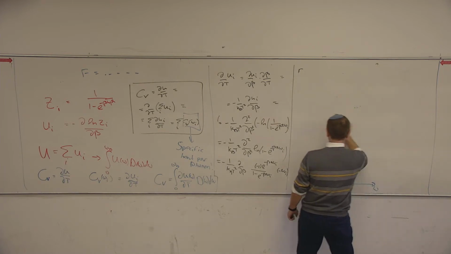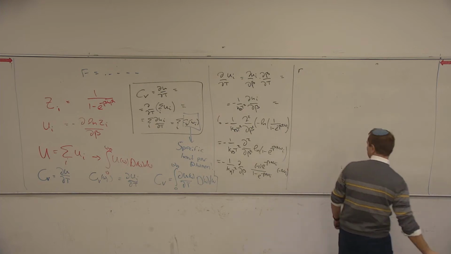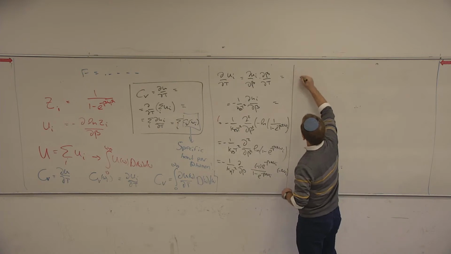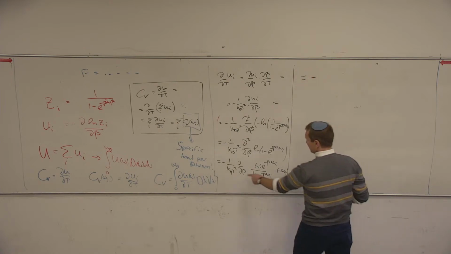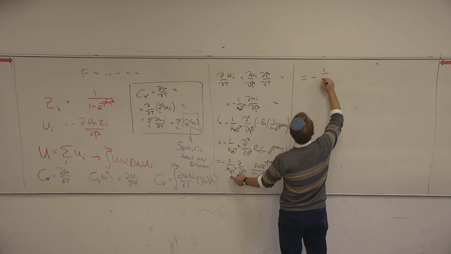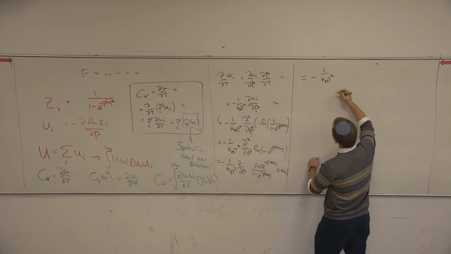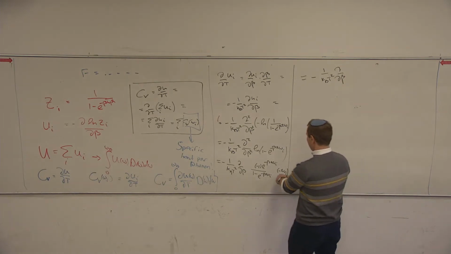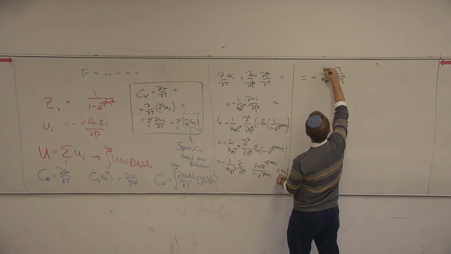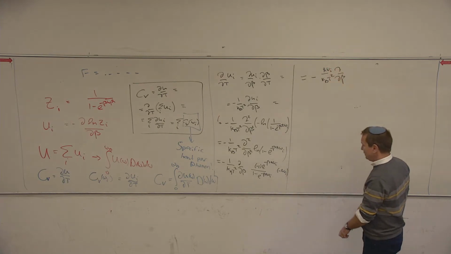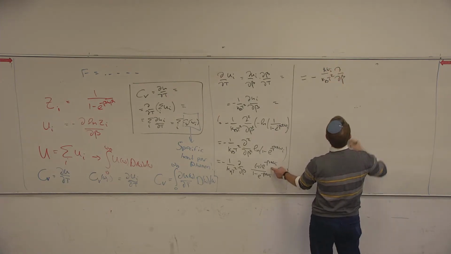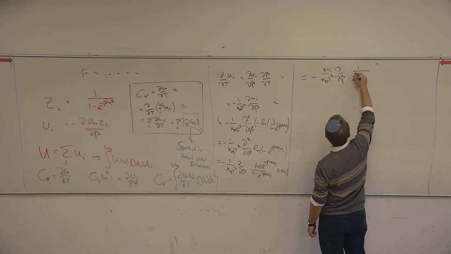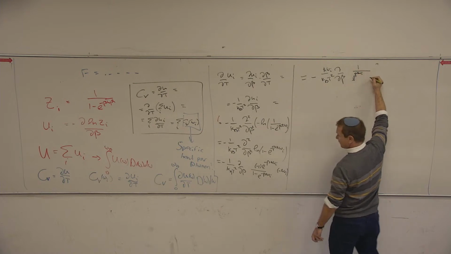Let's write it down again. So we have minus, minus, and minus, so we still have equals minus. Here we have 1 over k Boltzmann T squared d by d beta, and what is left outside is h bar omega, so we can write it over here, h bar omega I. Here we have 1 over e to the power beta h bar omega I minus 1.